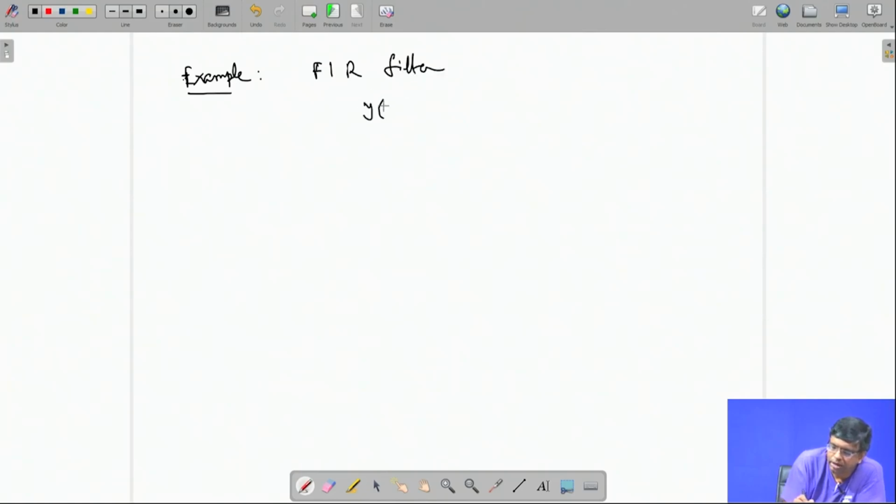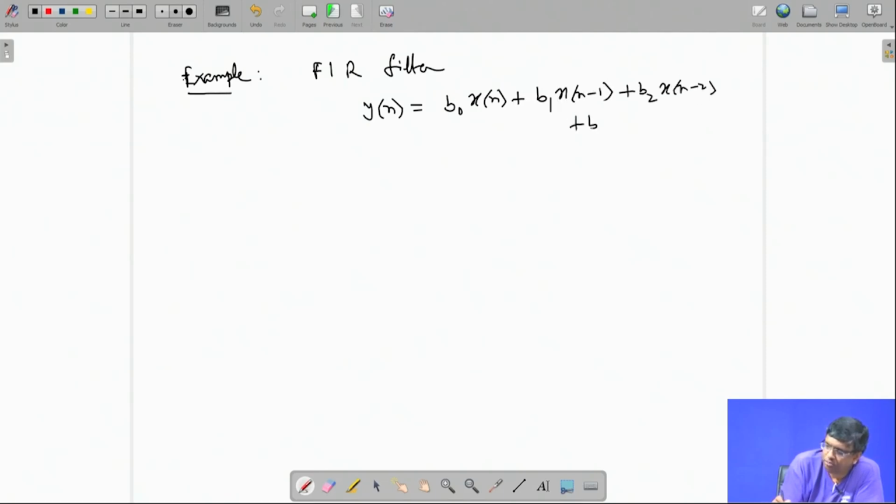Suppose you have y(n) as the filter output: b0 times x(n), b0 is the first coefficient, then b1 times x(n minus 1), then b2 times x(n minus 2) and b3 times x(n minus 3). Just 4 coefficients, third order, because if you take the Z transform you will have up to Z to the power minus 3 from the last term. That is a third order filter or equivalently 4 terms, 4 multipliers. I want to draw a DG. So, obviously, SFG, signal flow graph.